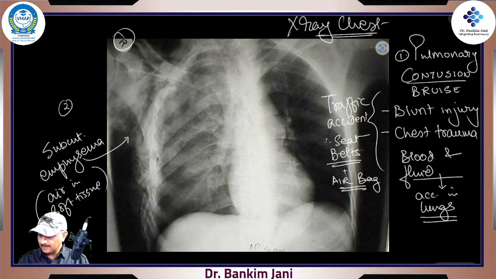This is where there are multiple fractures, multiple ribs are broken. Can you really see this? Multiple ribs, badly broken. See over here, it is just split into two. I'll zoom this so that you can watch every injury.